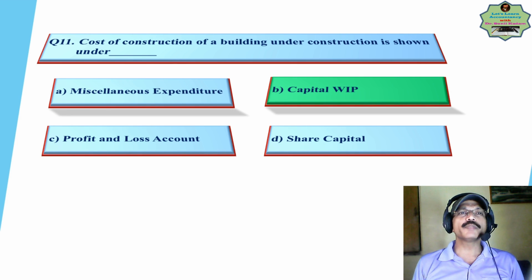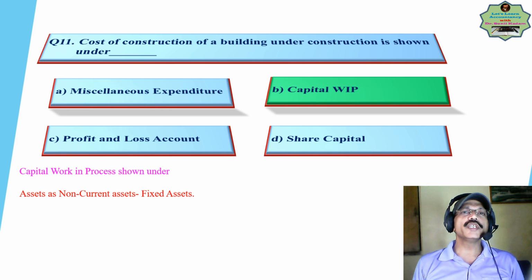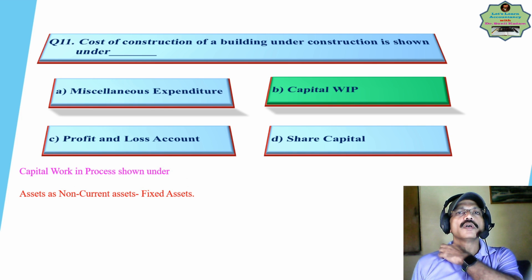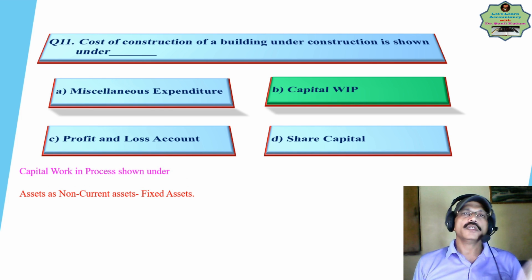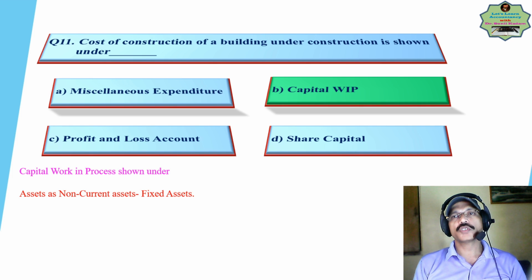As for miscellaneous expenditure, there is no question of showing it there. It is a fictitious asset. It also cannot be transferred to profit and loss account, and for share capital there is no question either. Capital WIP is shown under the fixed asset, under tangible asset. So the correct answer, capital WIP.